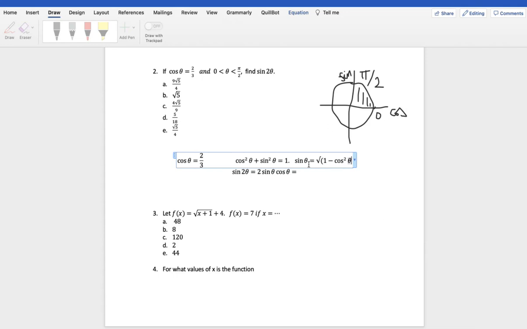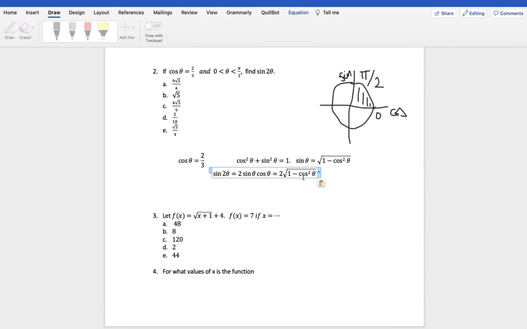Since you know this, you can substitute that into the double angle here, and you have 2 multiplied by the square root, and then multiplied by cos theta.